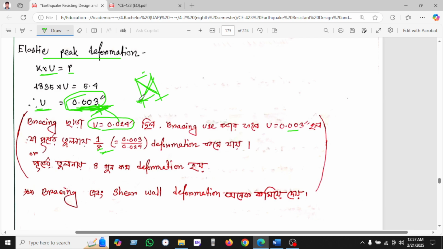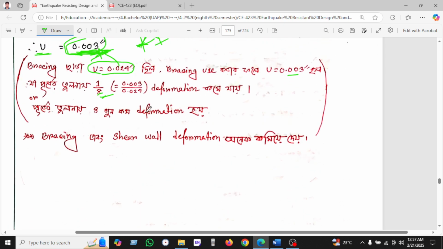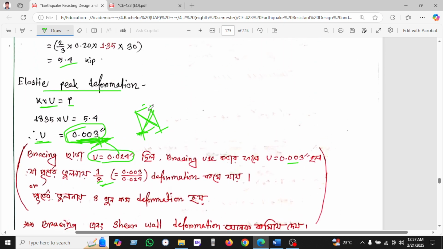It reduces the deflection also. So we can conclude that bracing and shear wall reduce the deformation.